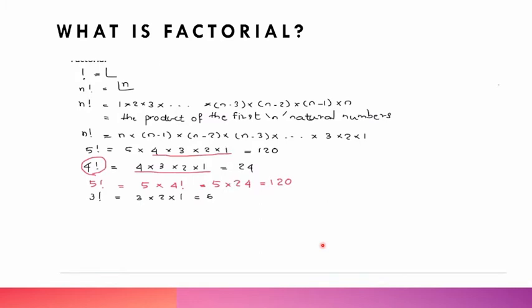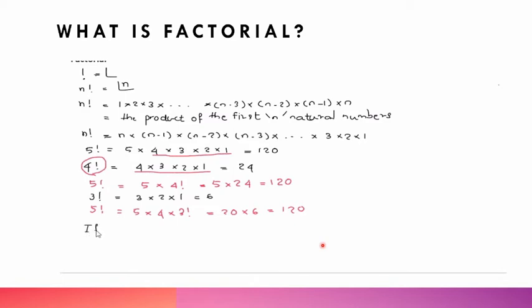Then again about 5 factorial. 5 factorial equals 5 times 4 times 3 factorial. Let's check. 5 times 4 equals 20 and 3 factorial equals 6. So the result is also 120.